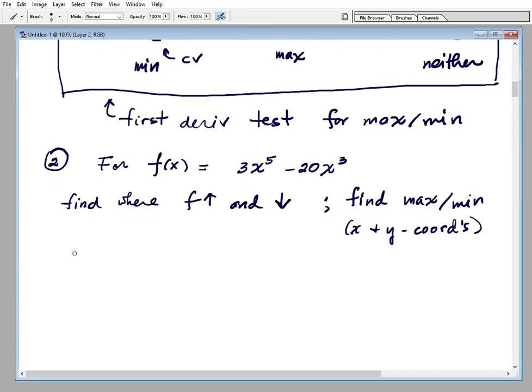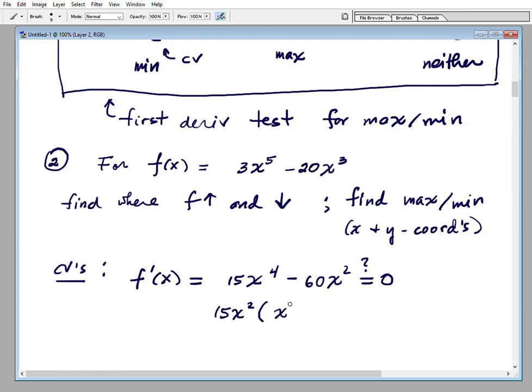Okay, so what we do is first find critical values. Okay, f prime of x equals 0. That's what we're going to solve. So here 5 times 3, we have 15x to the 4th minus 60x squared. And we want to solve this. Where is it equal to 0? All right, here I see we can factor out 15x squared.